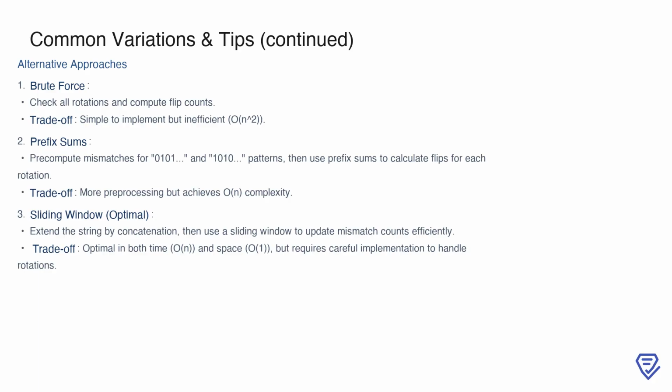This achieves O(n) time complexity but requires additional pre-processing. The optimal approach is the sliding window method, where you extend the string by concatenation and use the window to maintain mismatch counts efficiently. This method is both time and space efficient, with O(n) and O(1) complexities respectively, though it requires careful handling of rotations to avoid errors.